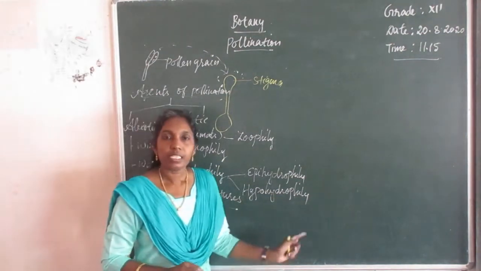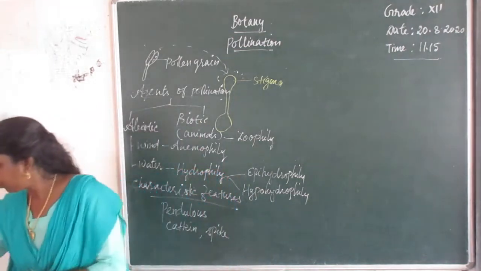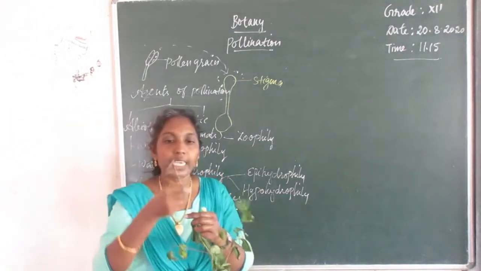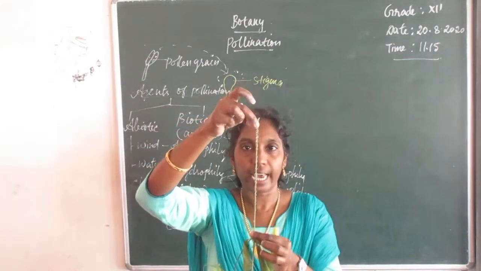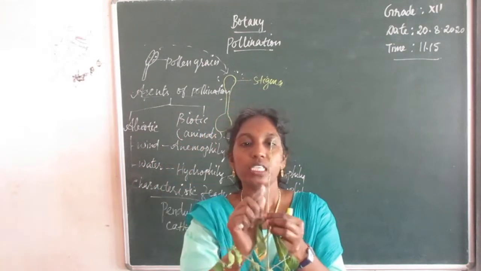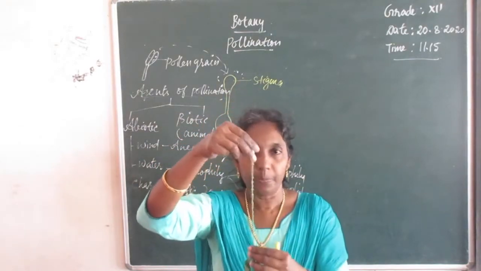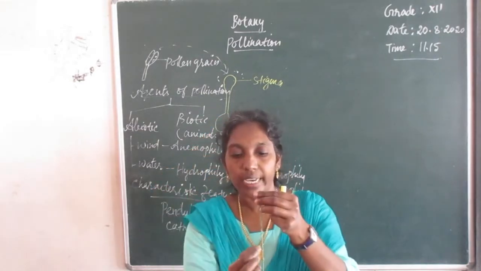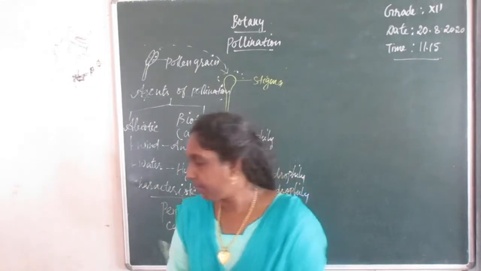In the spike and catkin inflorescence, there are a number of flowers. See, this is one example which shows spike inflorescence. It is an indeterminate type of inflorescence with an elongated axis and sessile flowers. There is no perianth. The flowers are attached to the main axis and are inconspicuous.